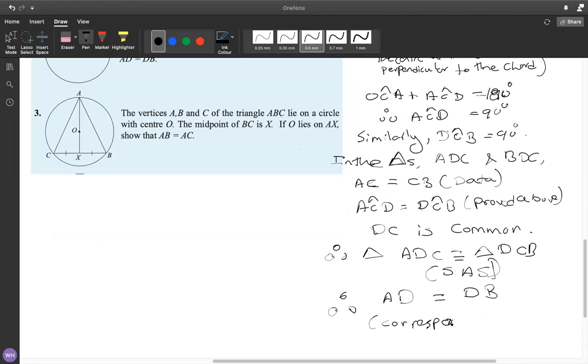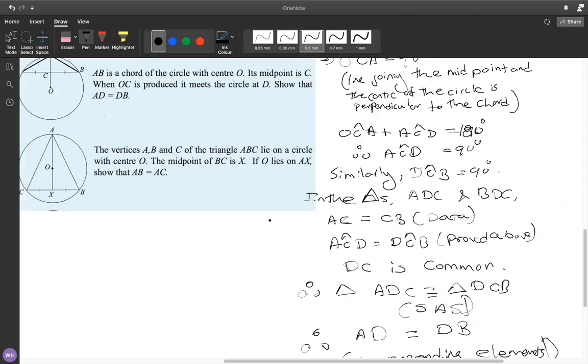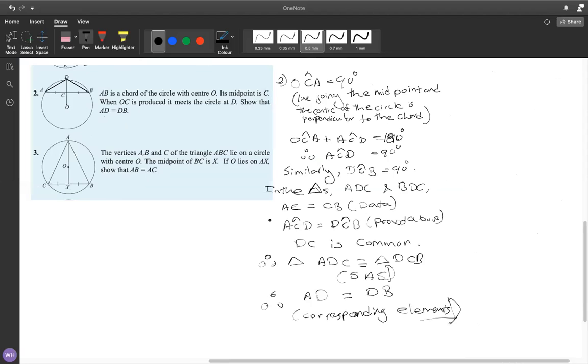So you better complete that. Write it nicely: corresponding elements of two congruent triangles. Okay, hope everybody got it. Anybody who has not completed, you can write it.